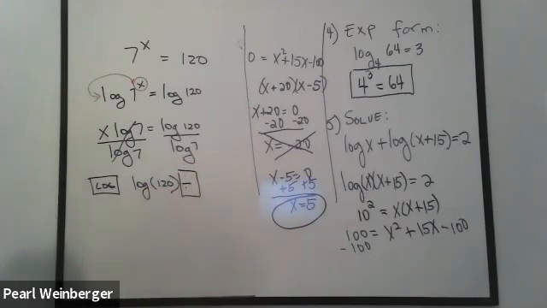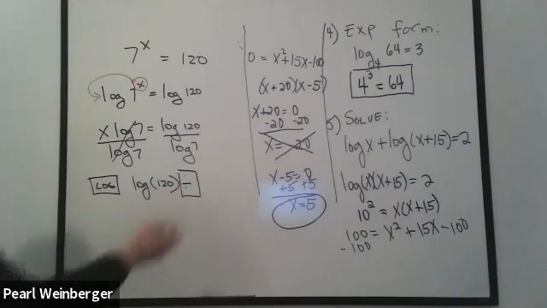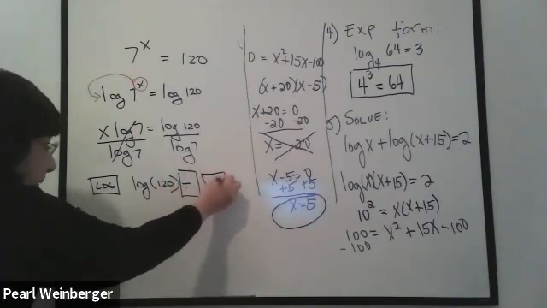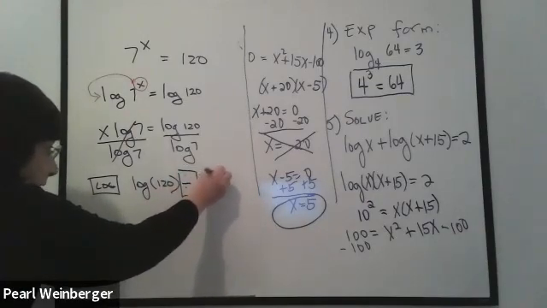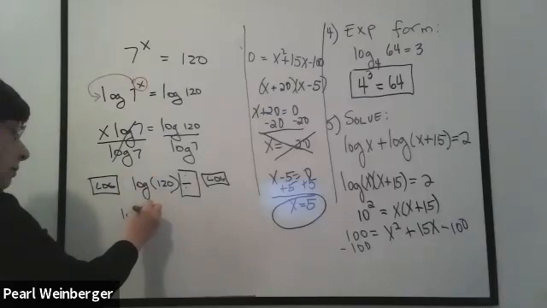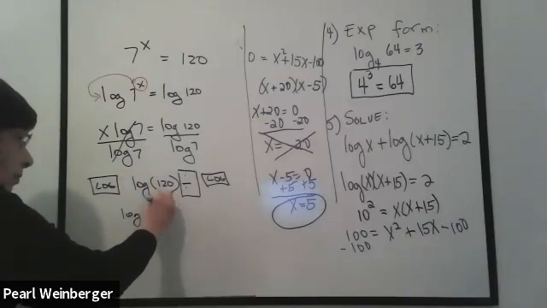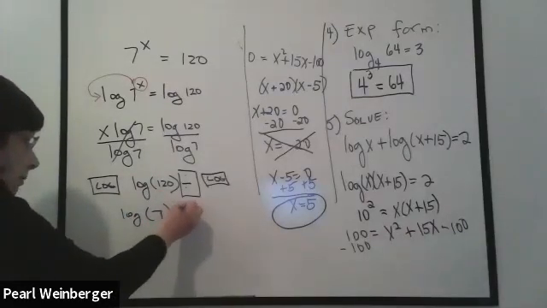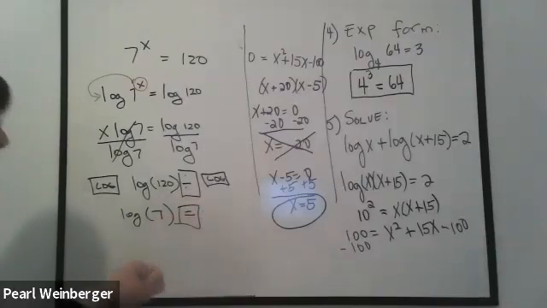And again, I'll press the log button, type in the 7, close the parentheses and press the equal or enter button, whatever it's called on your calculator.